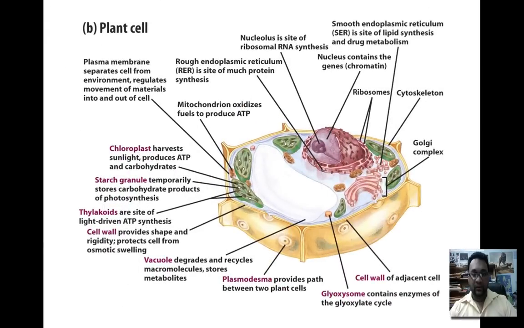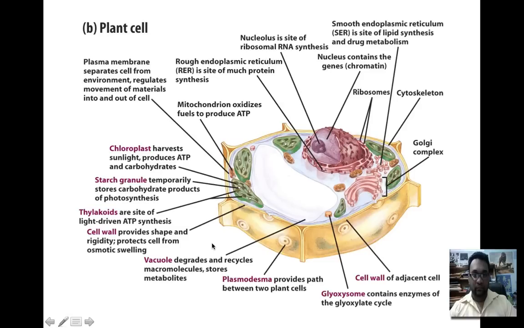Alright, so we already spoke about most of these things. Just to point out the chloroplast, that's a double membrane structure. Alright, and it harvests sunlight, produces ATP and carbohydrates. Plasmodesmata provide a path between two plant cells.